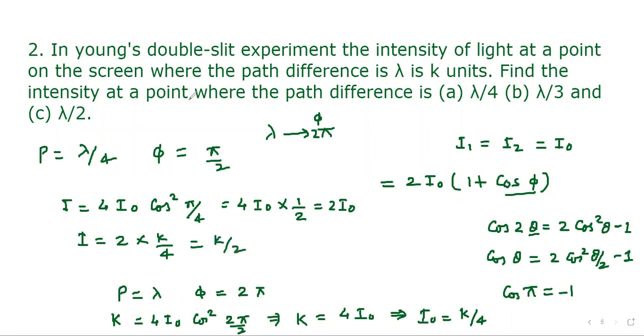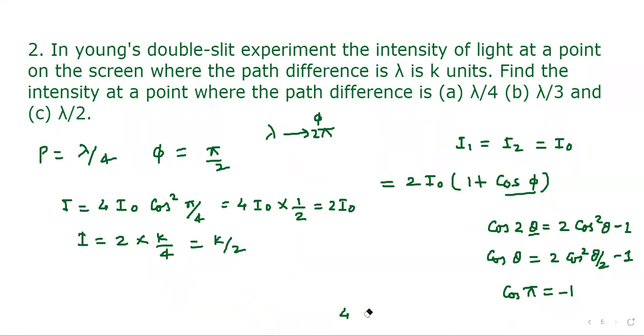Now consider the second case, when the path difference is lambda by 3. We know that lambda corresponds to 2 pi, then lambda by 3 will correspond to 2 pi by 3.